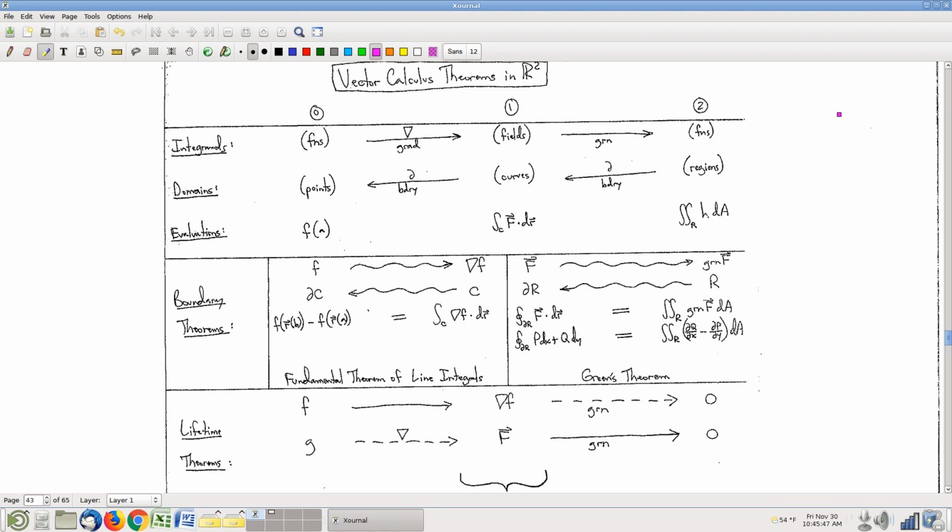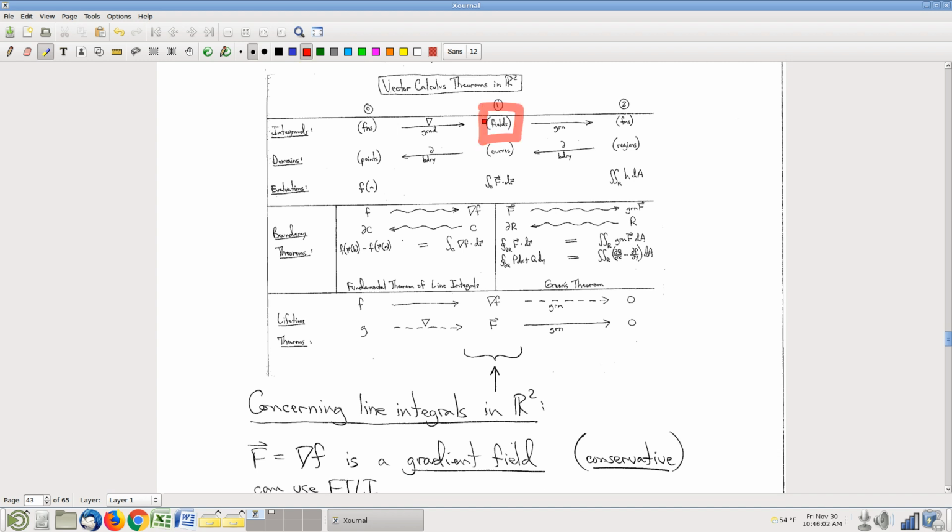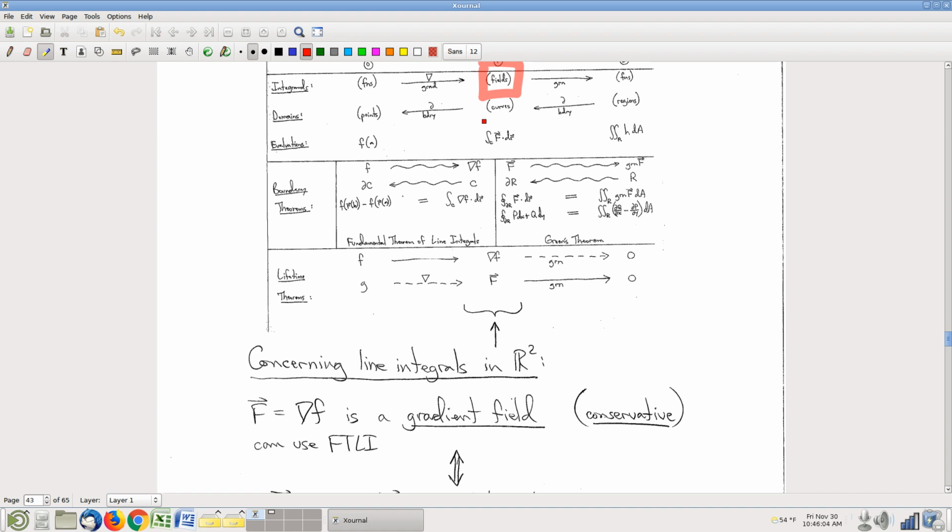For your consideration. Okay, so there are some special vector fields I want to talk about here. We've talked about the special vector fields some. There are different ways to describe what's special about them.